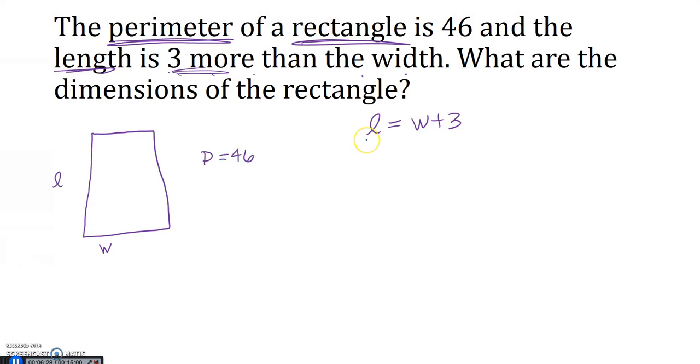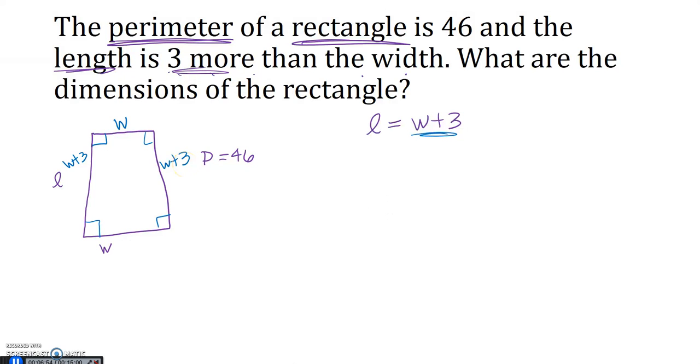I tend to write my L's as cursive letters so they don't look like ones. So if this is W, then this guy has to be W plus 3. When you're doing perimeter, you have to add up all of the sides. The opposite sides in a rectangle are always equal.